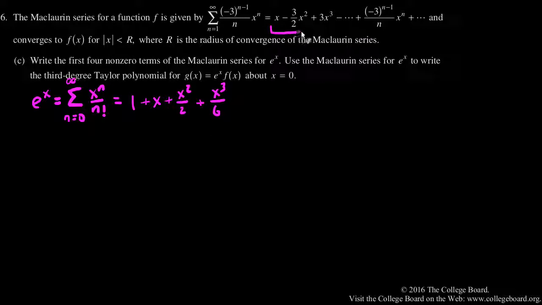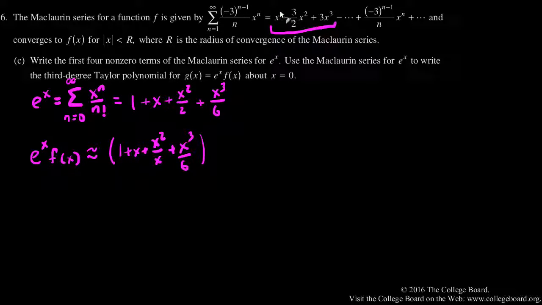Right here is the third degree Maclaurin polynomial for whatever f is. So I know that e to the x times f of x is going to be approximately equal to this times the polynomial for f.